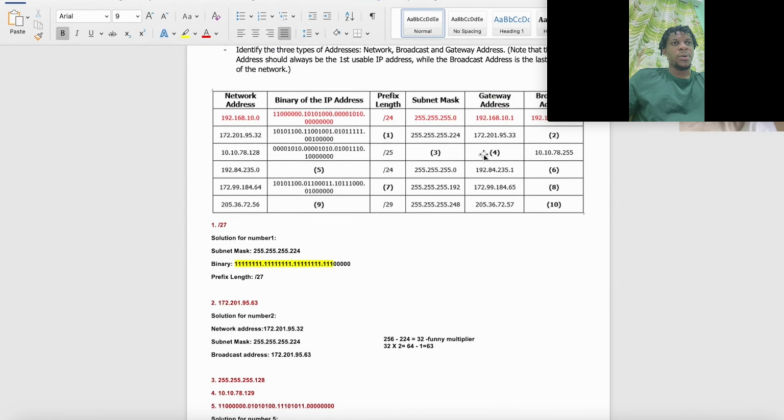That's the answer for number 3. Then we go to number 4. Number 4 is 10.10.78.129, sorry, 129. That's the answer for number 4.